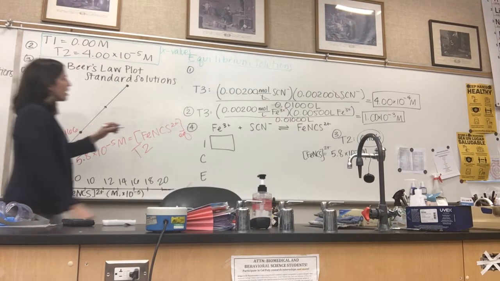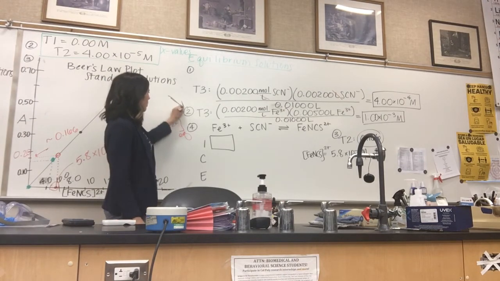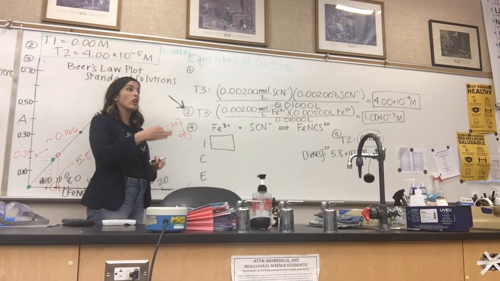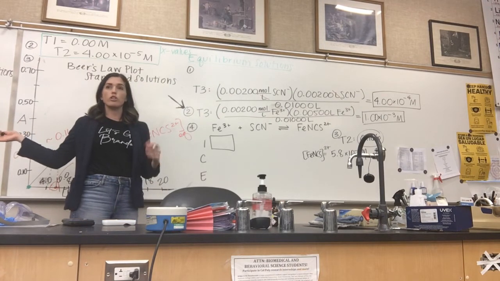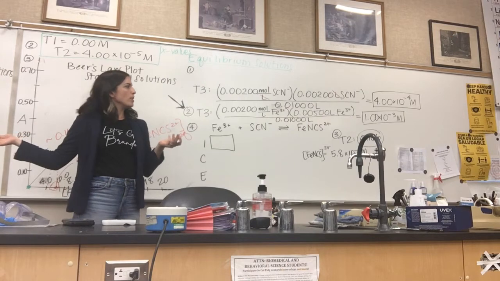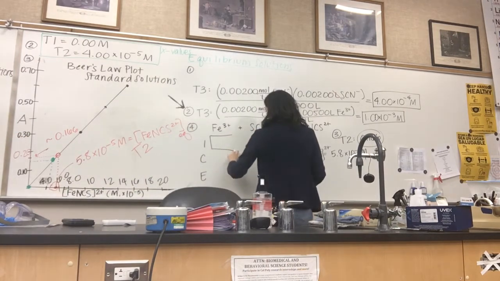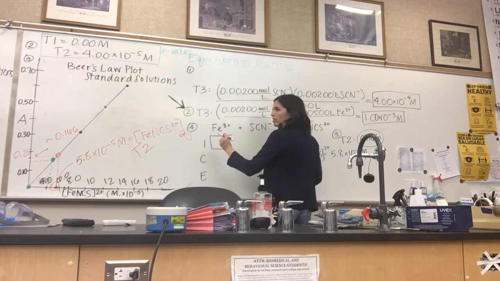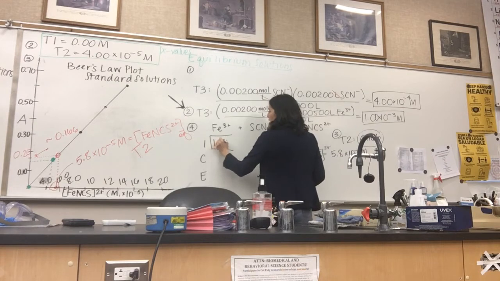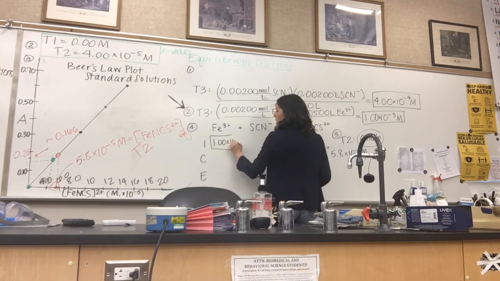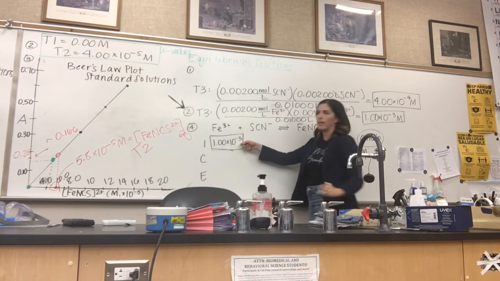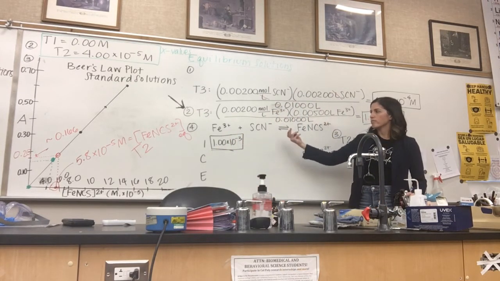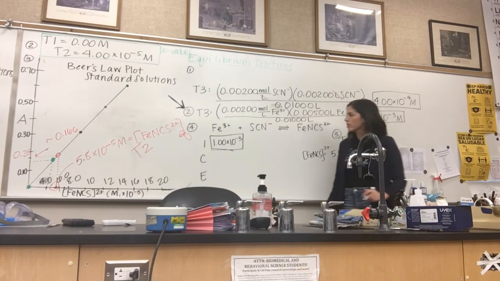So what did you get for this number 2? The one with the big arrow. What did you get for the initial concentration of iron? Actually, all the solutions, all the trials should have been the same, right? So what was it? Was it 1.00 times 10 to the negative 3? Okay, that's what you should put in the ICE table for trial 2.